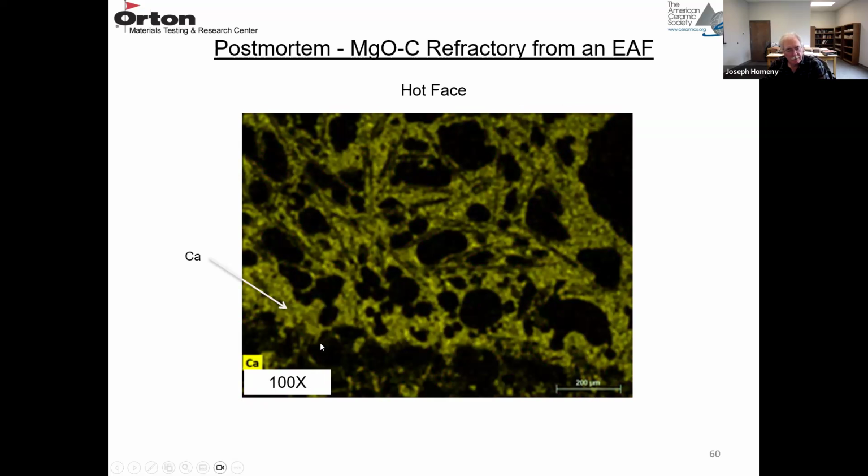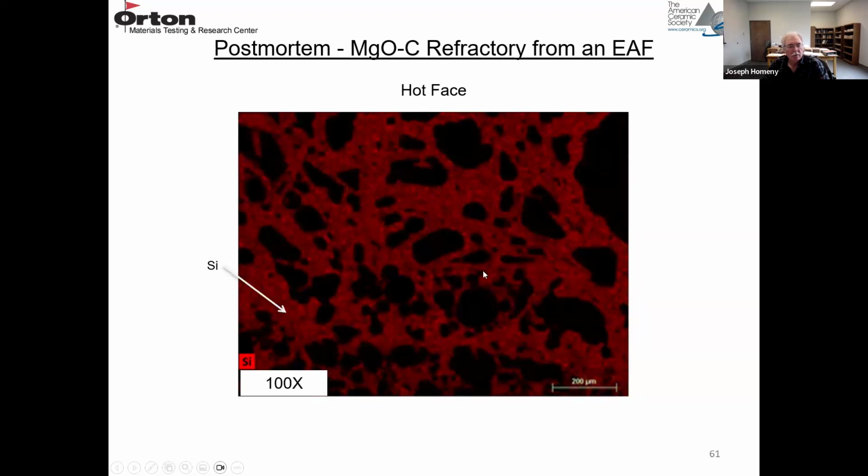Calcium. You can see some of the calcium penetrating the grain boundaries, but it's mostly yellow here in the slag. It appears that the crystals have a lower concentration of lime than in the rest of the slag. And Si in the slag is everywhere.